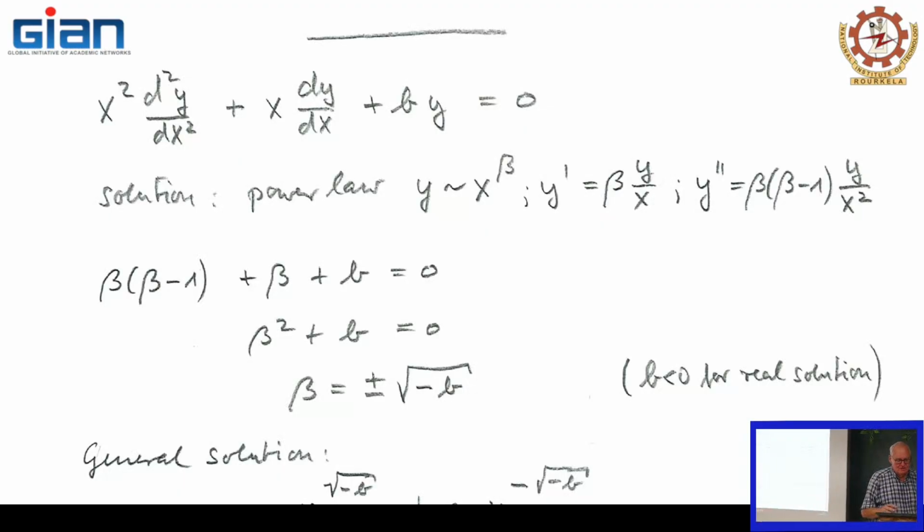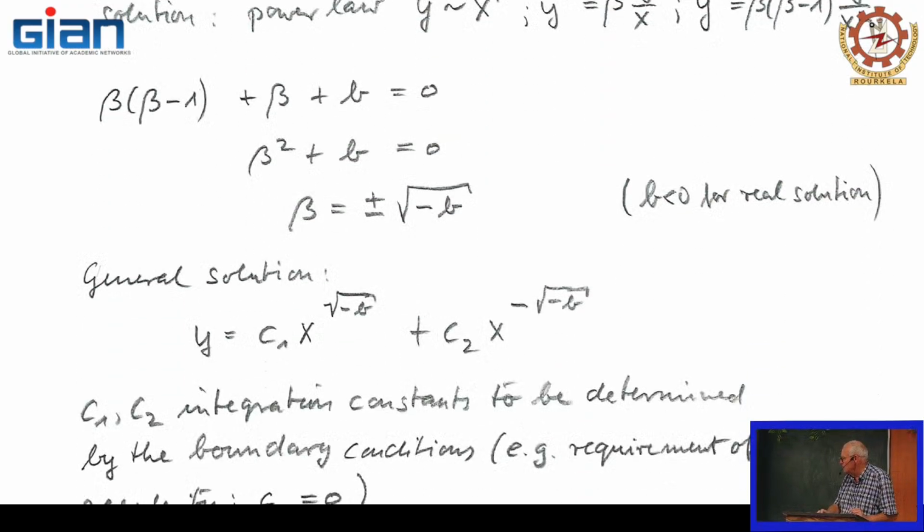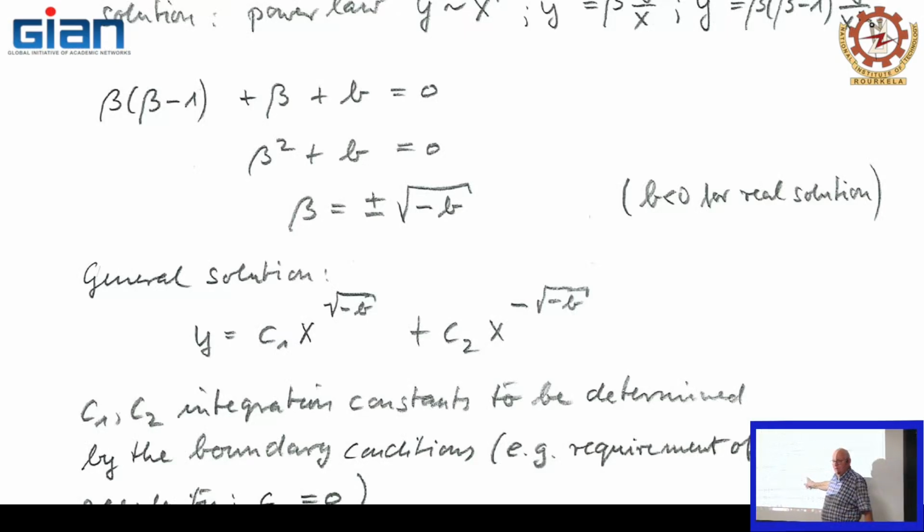Okay, how do we do this? In that case, we have the general form. Obviously, one term diverges for x equal to 0, and the other remains regular. We have two fundamental solutions: one of them is well behaved, and the other one diverges. So we would not like to have this solution.